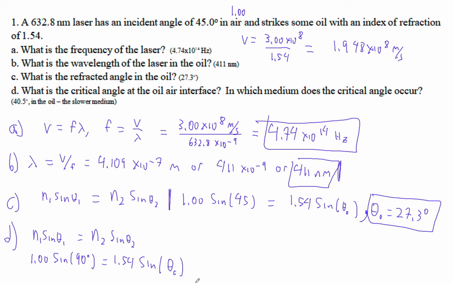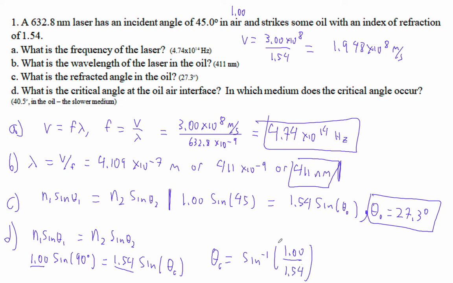Okay, so basically it's the inverse sine of 1 times 1, which is 1, divided by 1.54. So the inverse sine of the ratio of the indices of refraction. In this case, it's 1 and 1.54. So the critical angle is the inverse sine of 1.00 over 1.54.